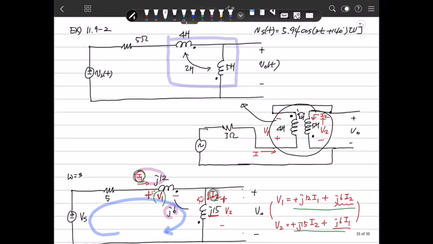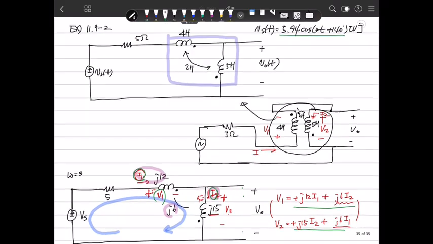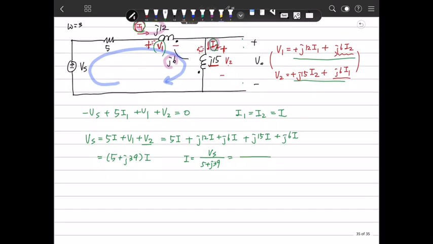Vs was 5.94 at 140 degrees, and 5 plus j39 is about 39.32 at 82 degrees. You can use a calculator. So I is 0.15 at 57.31 degrees.